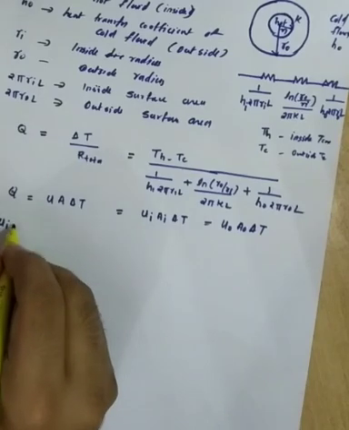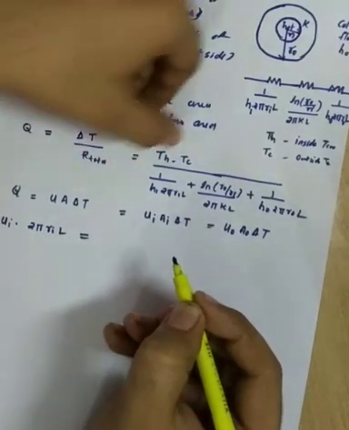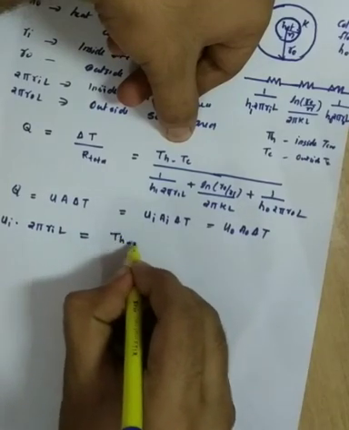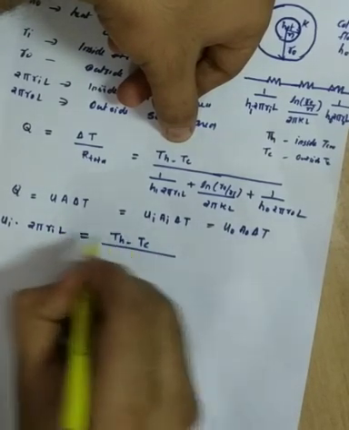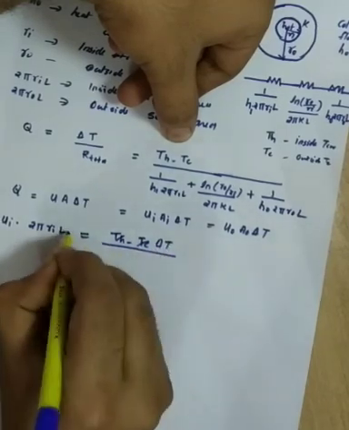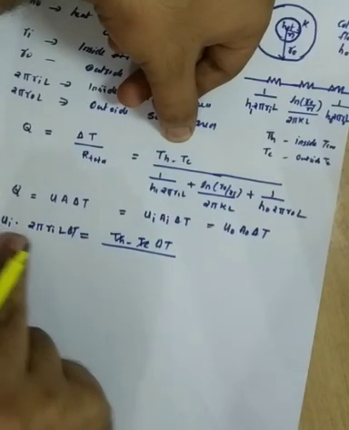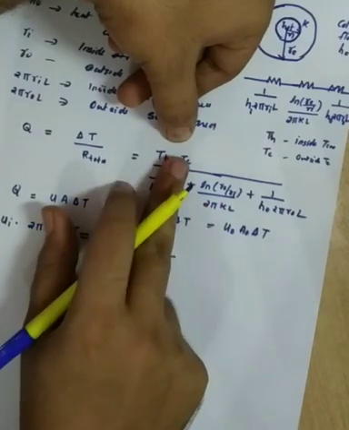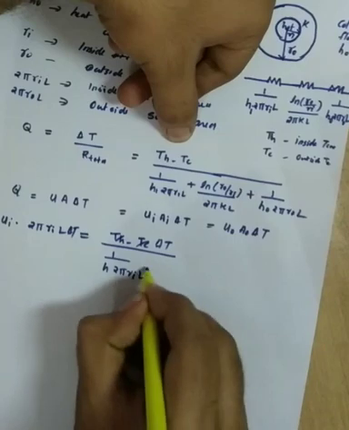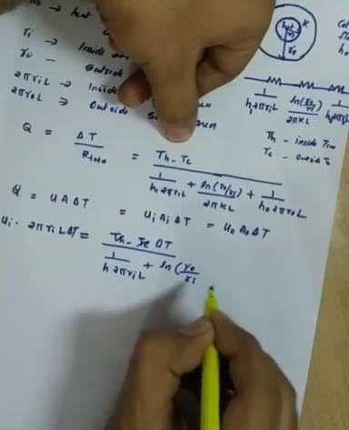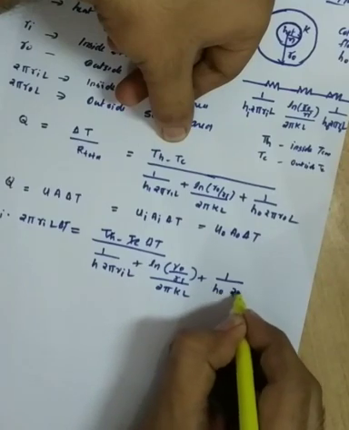Instead of Ai, I put Ui 2 pi Ri L delta T, and this is equal to Th minus Tc, again delta T, divided by 1 by Hi 2 pi Ri L plus log Ro by Ri over 2 pi K L plus 1 by Ho 2 pi Ro L.